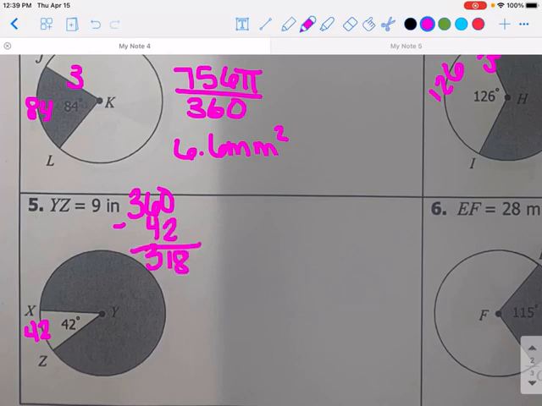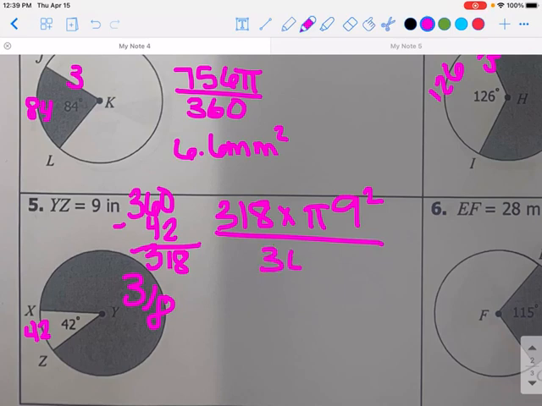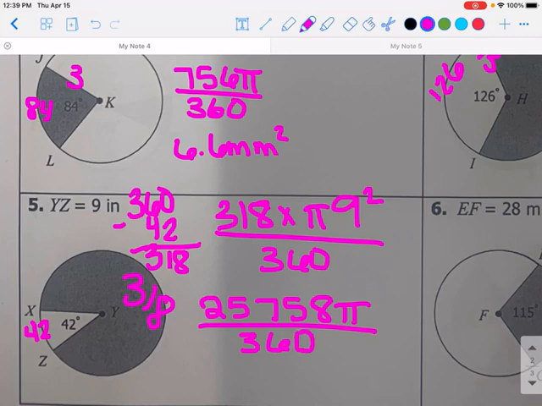So 318 represents my shaded figure. 318 times pi, my radius is 9 squared, all over 360. 25,758 pi, all over 360, comes out to 224.78 inches squared.